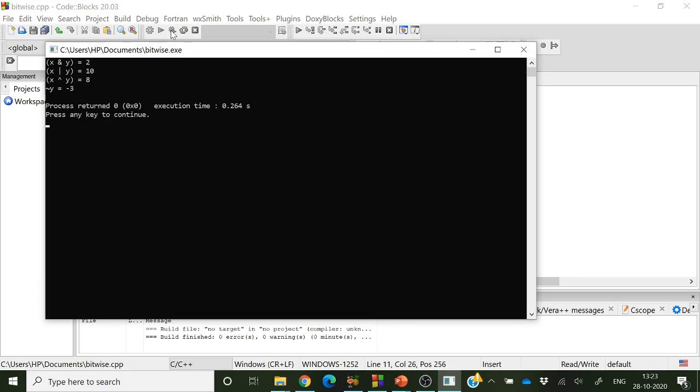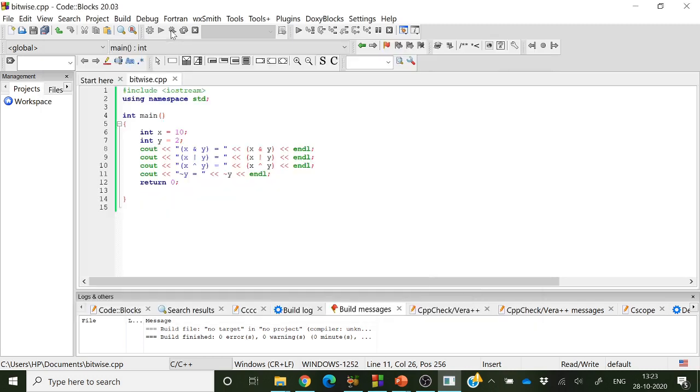You can see that y is 2 and y complement is -3.